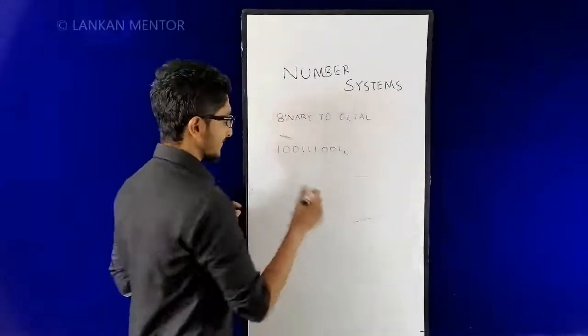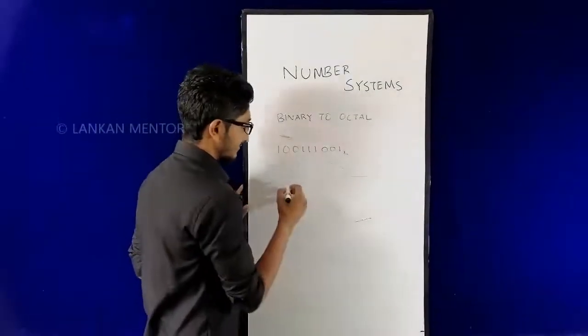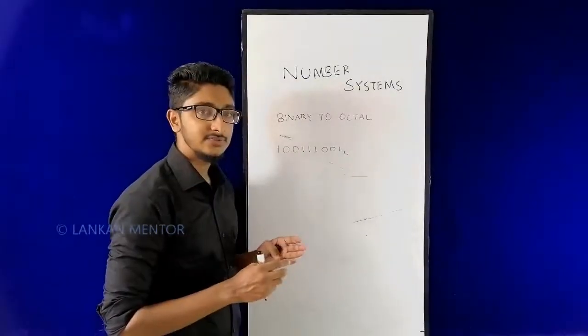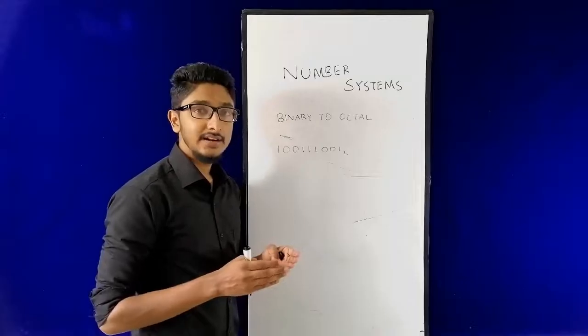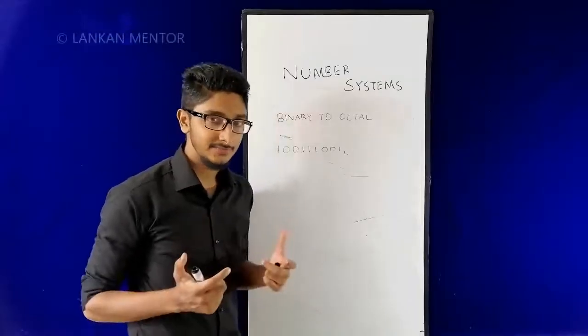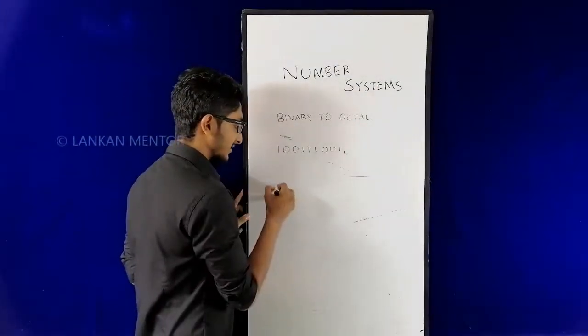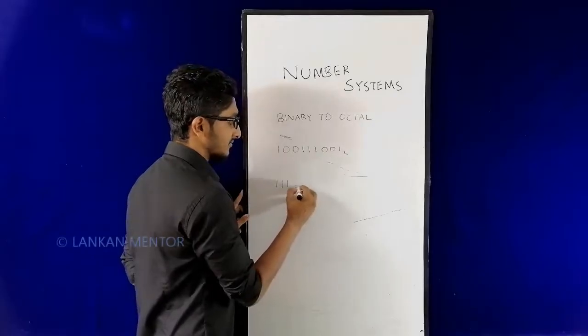Why is that? Because in the octal number system, you have digits from 0 to 7. So 7 is the largest digit in the octal number system. So the binary of 7 is 111 base 2.